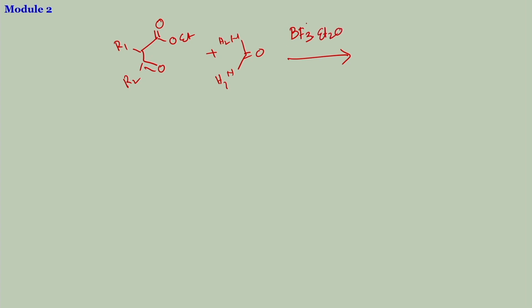Ideally it is the BF3 that is the active reagent, which is essentially a Lewis acid, which means the boron has an empty orbital to accept electrons, and you can use microwave chemistry here and no solvent. You do not need a solvent here. Within 5 to 10 minutes of reaction, you get your desired compound with a really good yield.